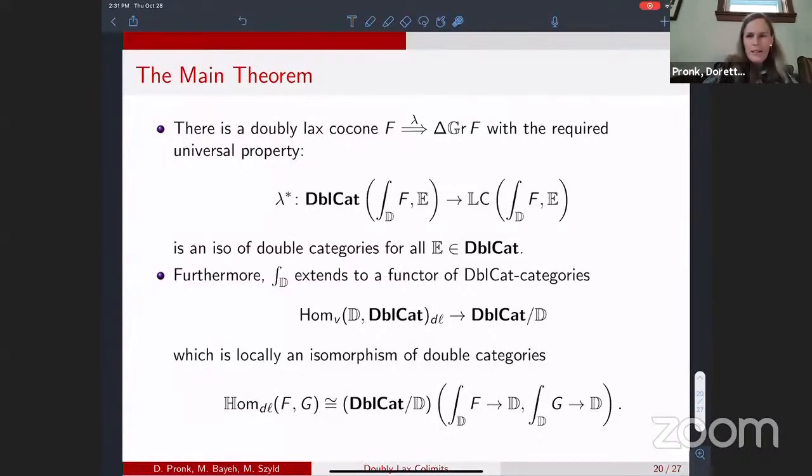And that functor, by the way, you extend by just using the colimit property. Colimits give us a universal property that allows you to turn that into a functor. And this gives us locally an isomorphism of double categories.